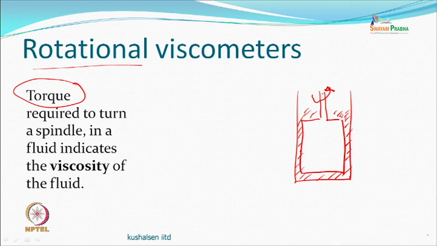The energy required to rotate can be related to the torque, and therefore you will get to the shear rate. Then you will also know the mass being rotated and the area or volume, and that can be related to viscosity.